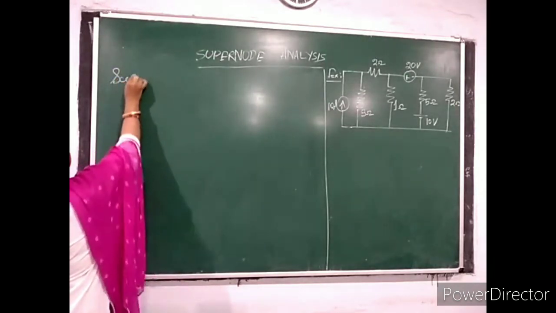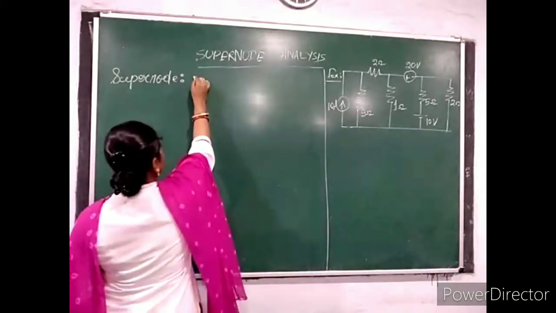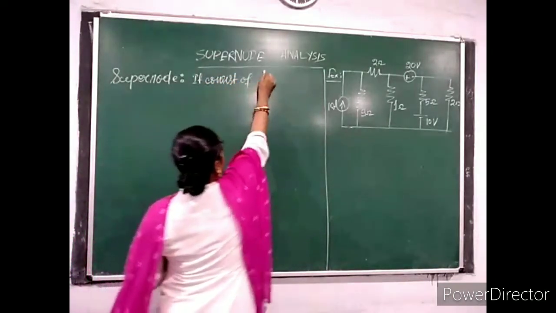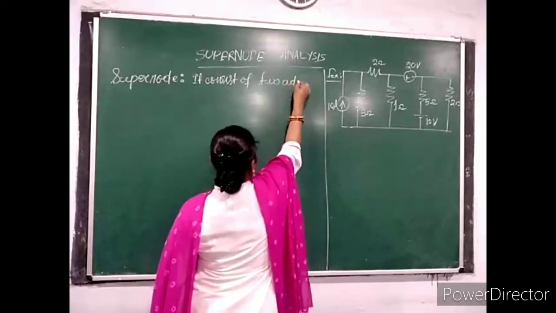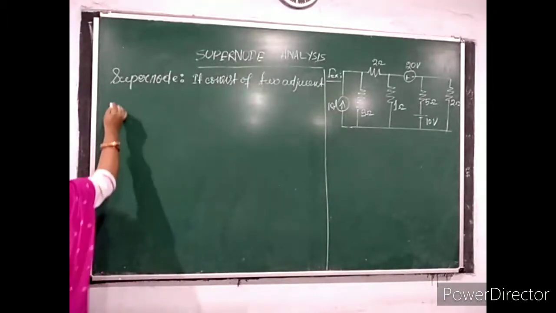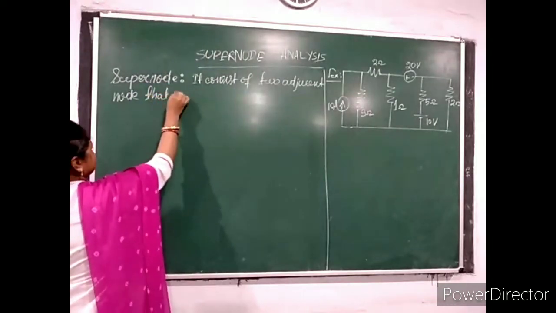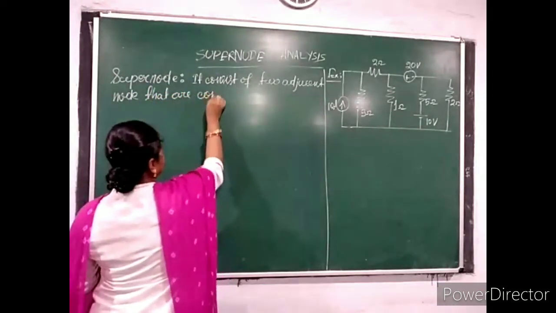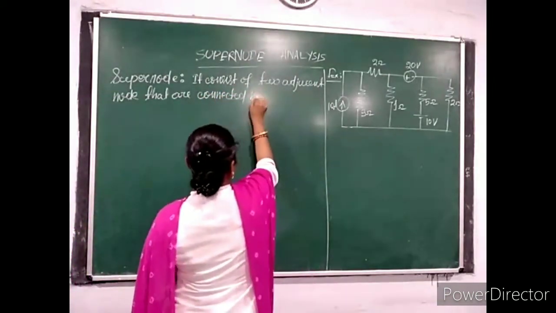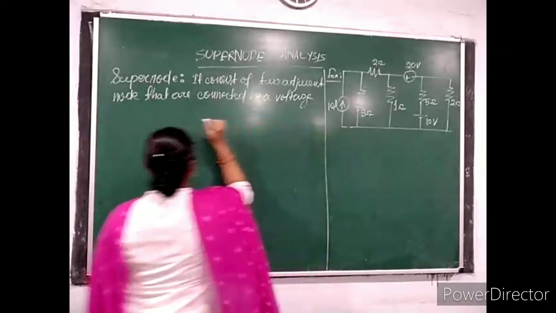If the question is what is a supernode, it means it consists of two adjacent nodes that are connected by a voltage source.